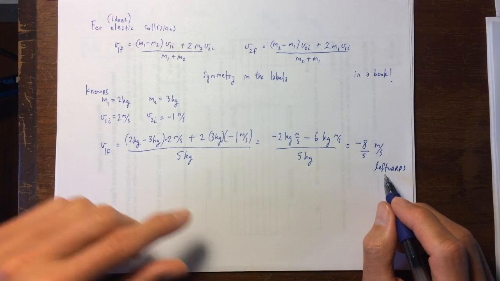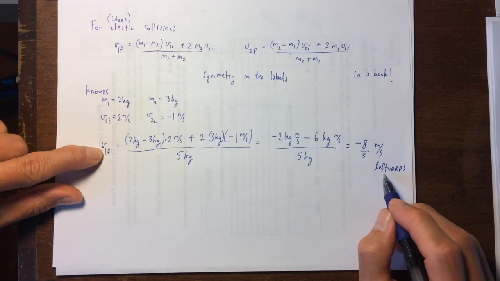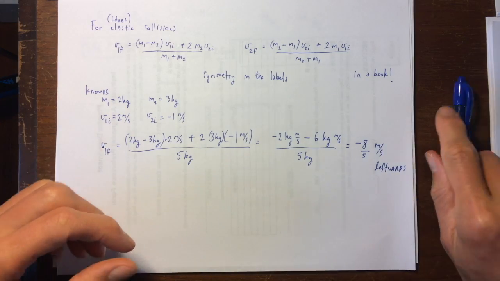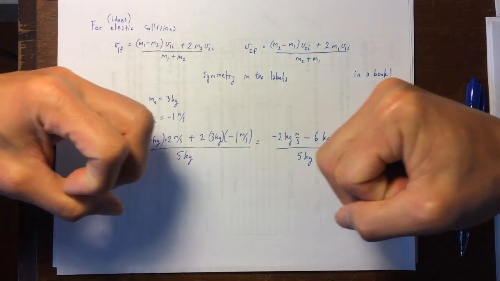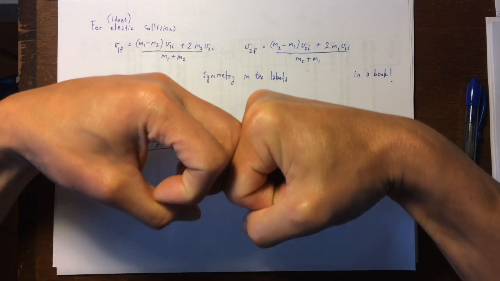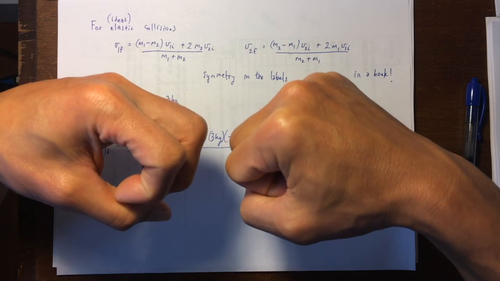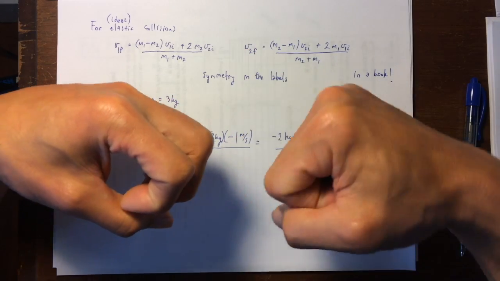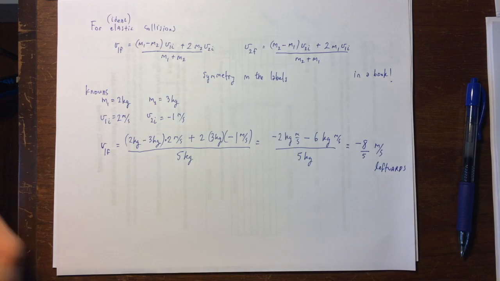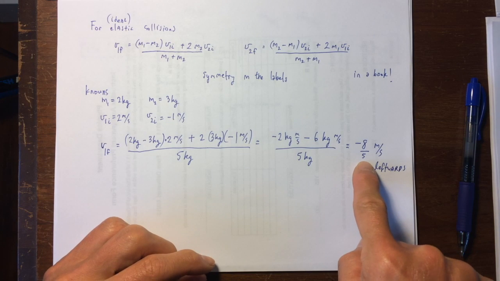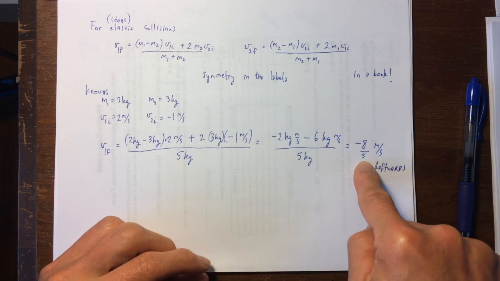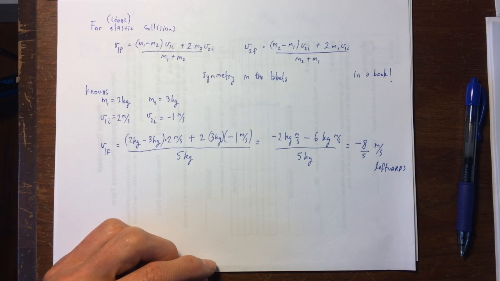It looks like object number 1 after the collision moves backwards. So here's 1 and 2. Collision happens, and after the collision, I'm not so sure what happens to number 2 yet, but we're going to go solve for it. Number 1 goes backwards, and this is just a little bit less than 2 meters per second leftwards, right?